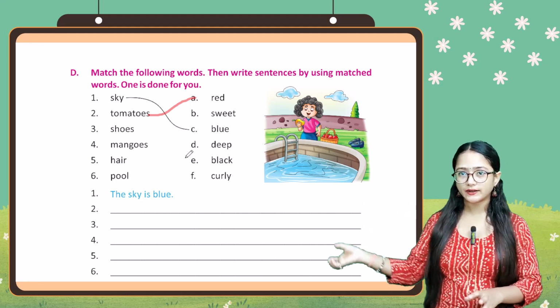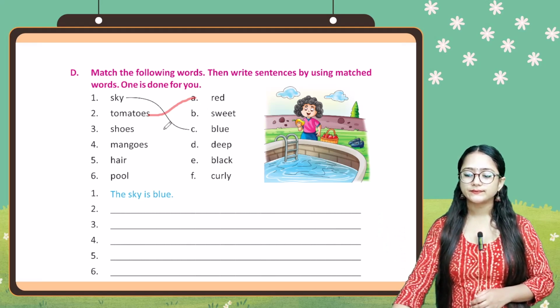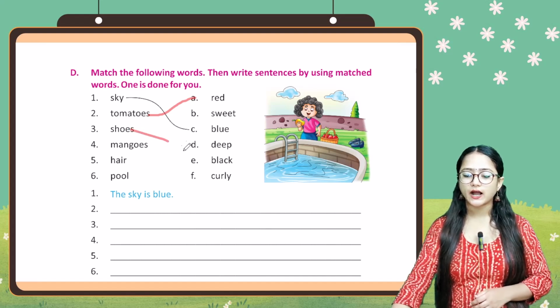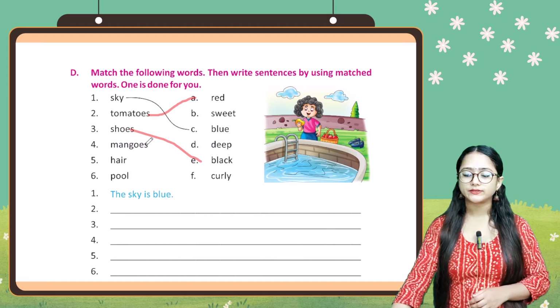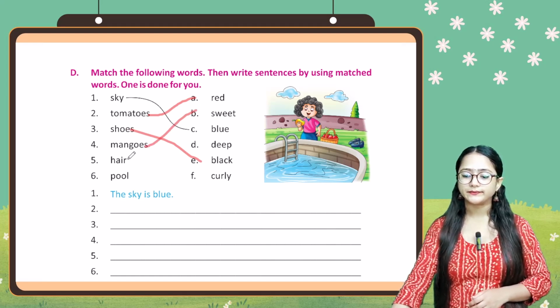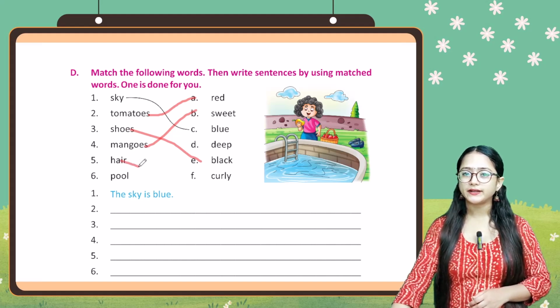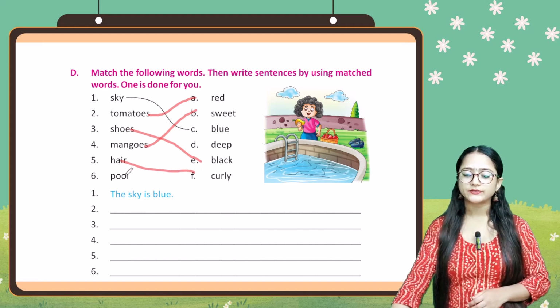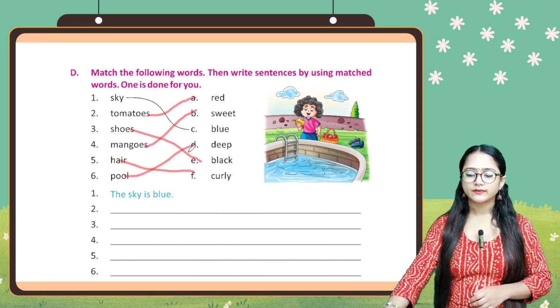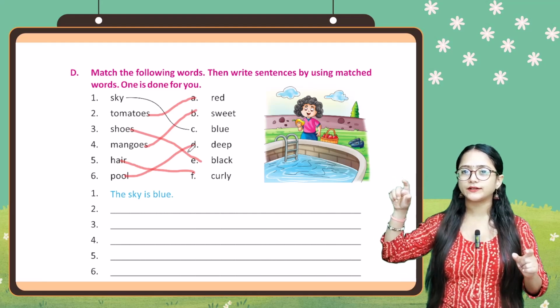Next one is shoes. Shoes black. The shoes are black. Next, mangoes. Mangoes are sweet. Next one, hair. My hair is curly. Next one, pool. The pool is deep. Like this, you have to first match it, then you have to convert it into a sentence.